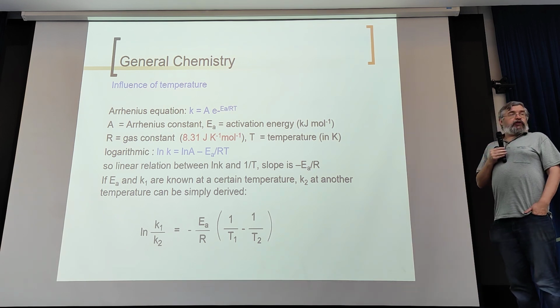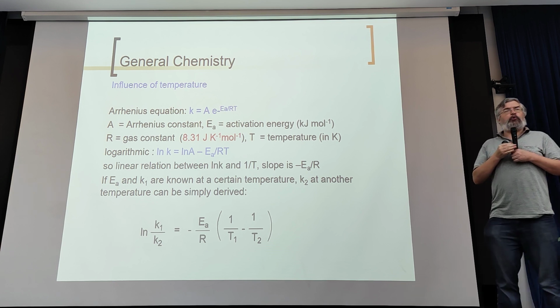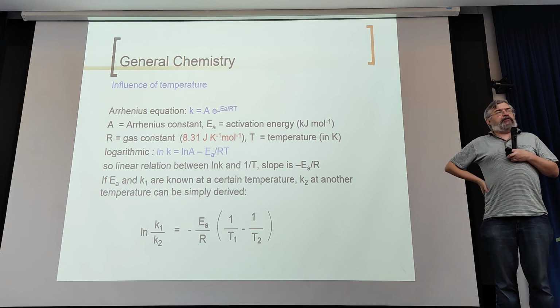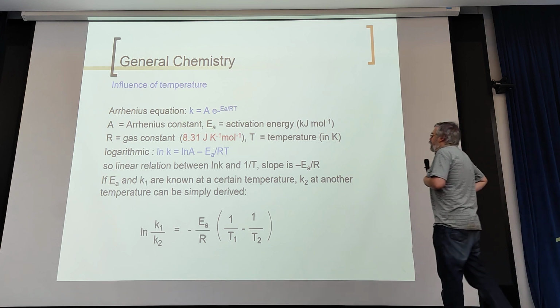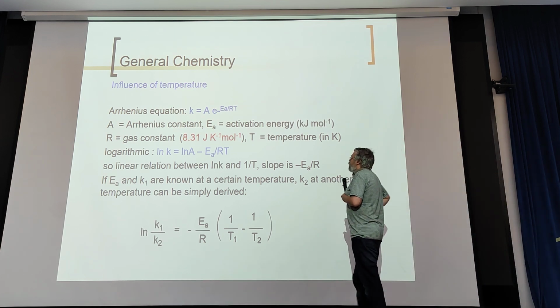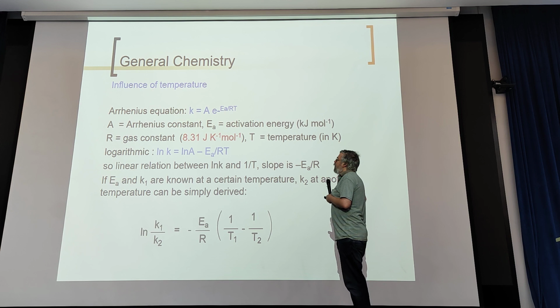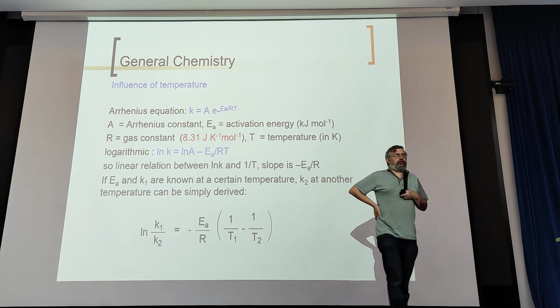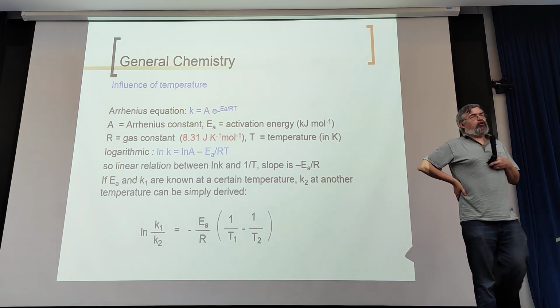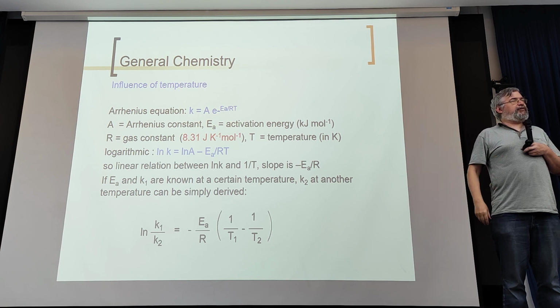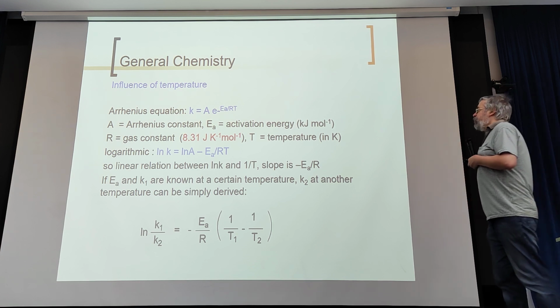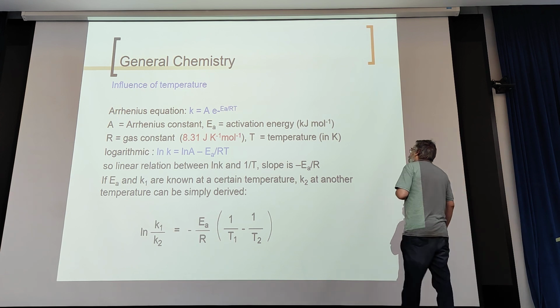We can write this also in a logarithmic fashion. This is a natural logarithm, and the base number of the natural logarithm is e. So that means that now ln k is ln A minus activation energy divided by RT. Because, if you take a logarithm, the exponents you can separate from the base number as we do here.